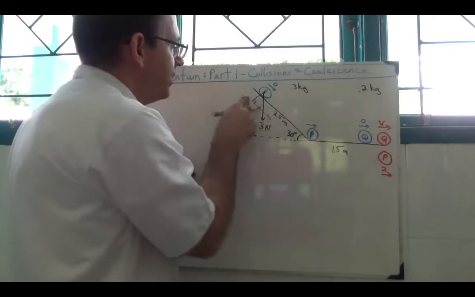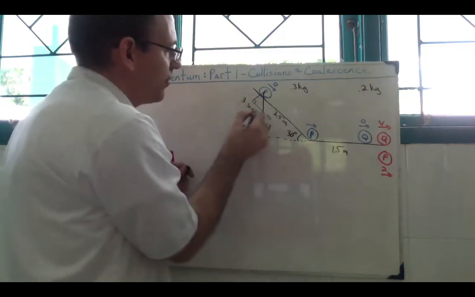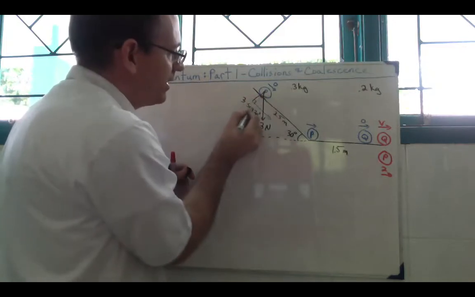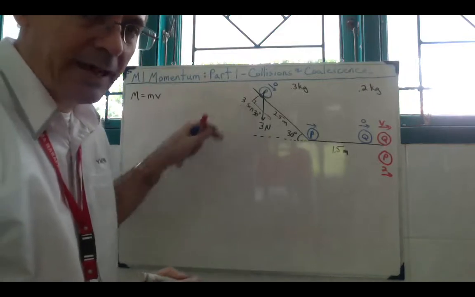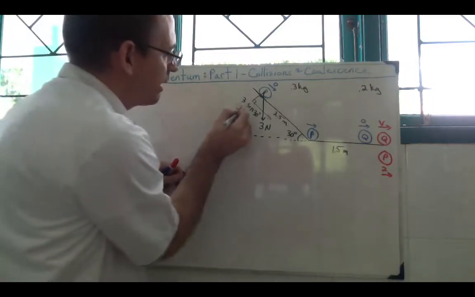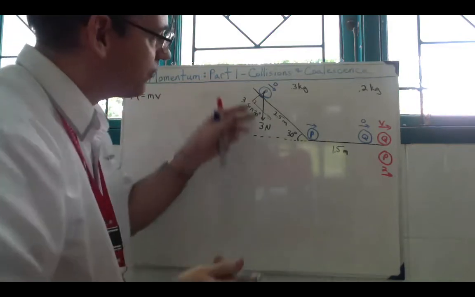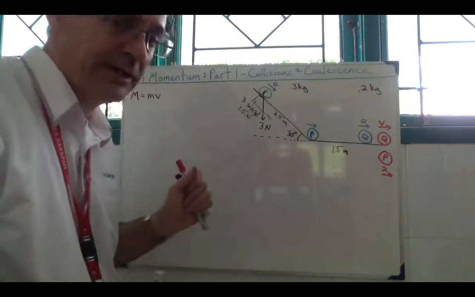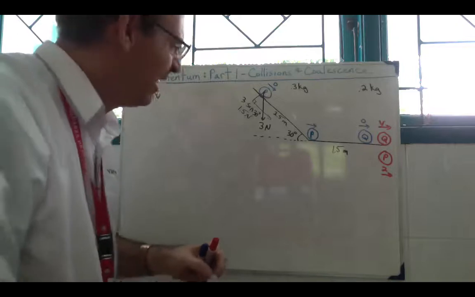So this one is 3 sine of 30 degrees. Don't forget that this angle is the same as that one in there. Sine of 30 is 1/2. 1/2 of 3 is then 1.5 newtons. So the only force acting on this is the force resolved from gravity parallel to the direction of our inclined plane.